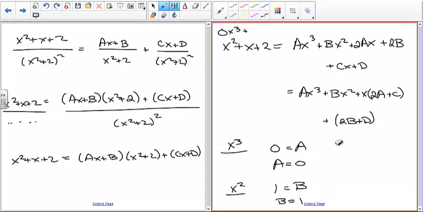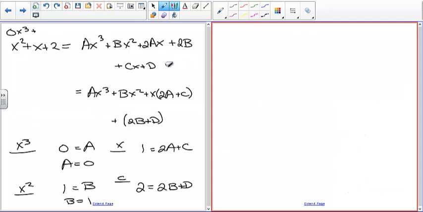Okay. For x squared, we have 1 is equal to b, or b is equal to 1. Okay, let's do the x terms here, because that way we can see everything. You have a coefficient of 1 on the left-hand side, and we have 2a plus c, and for the constant, we have a 2. 2 is equal to 2b plus d.